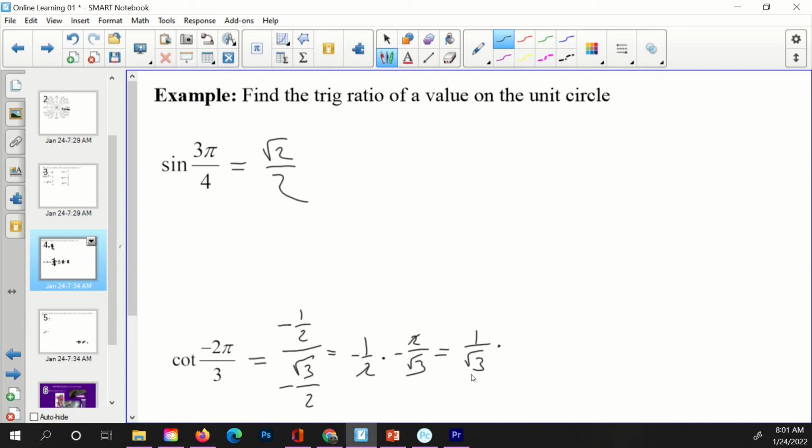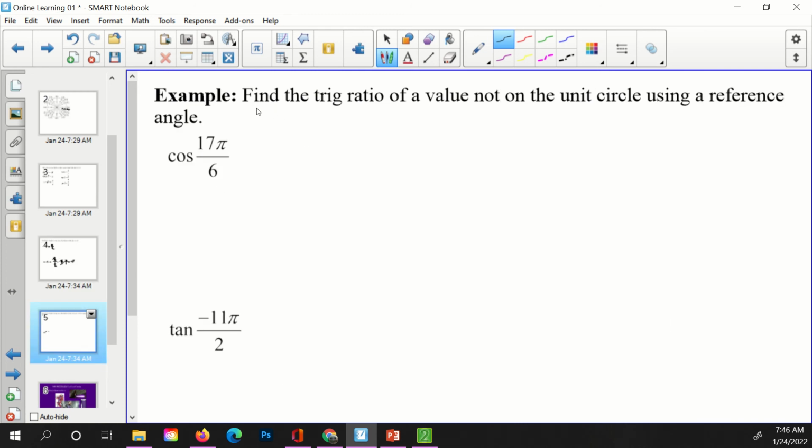We'll multiply that by our funky 1, square root of 3 over square root of 3. And we do that so that we don't have a radical in the denominator. The square root of 3 times the square root of 3 is the square root of 9, and then 1 times square root of 3 is square root of 3. We can reduce the square root of 9. It is just 3, so I have square root of 3 all over 3. And that is my value right there.